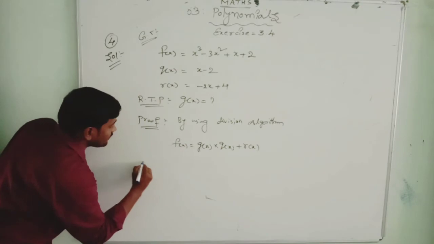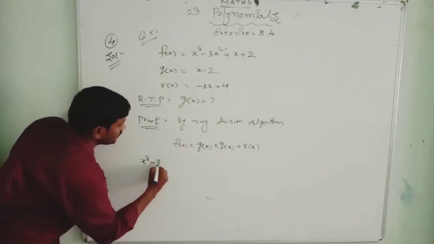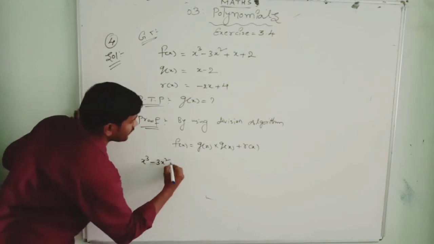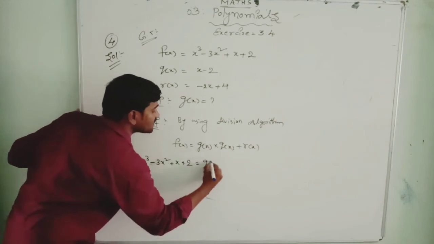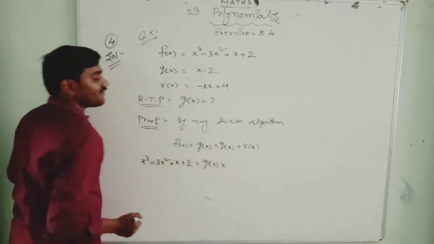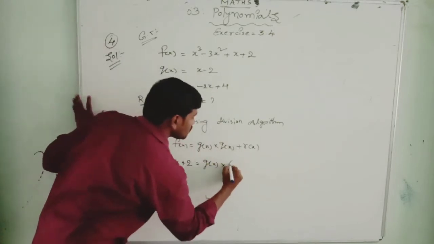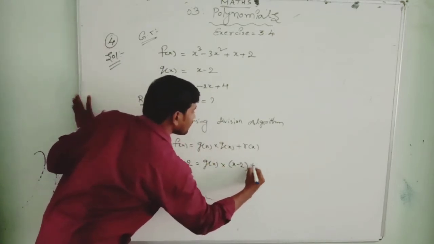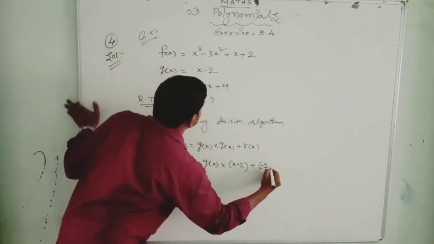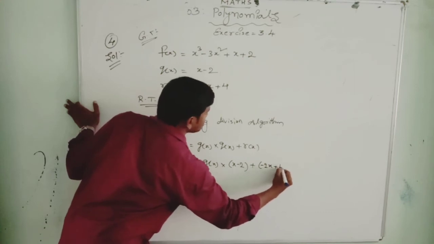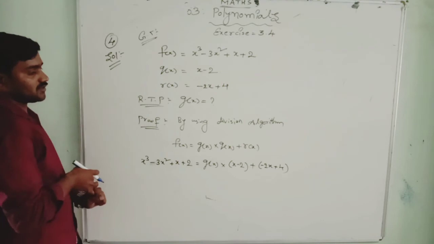F of x is x cube minus 3x square plus x plus 2, that equals g of x, which we need to find, into q of x. Q of x is what here? x minus 2, plus r of x, which is minus 2x plus 4.